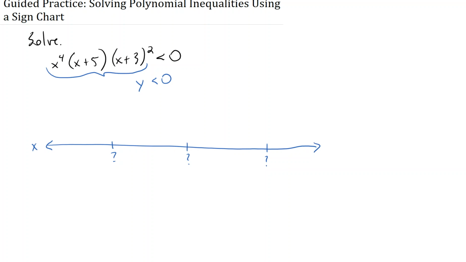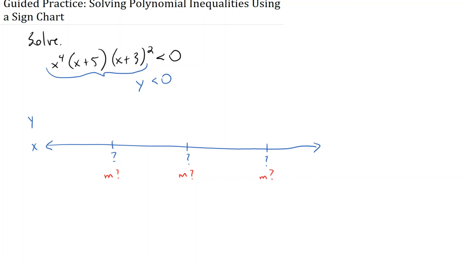And while you're at it, go ahead and identify the multiplicity of each of those zeros. We'll need to know those to be able to determine if the signs change as we work through the number line chart.